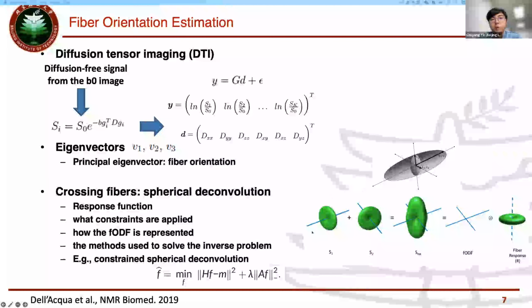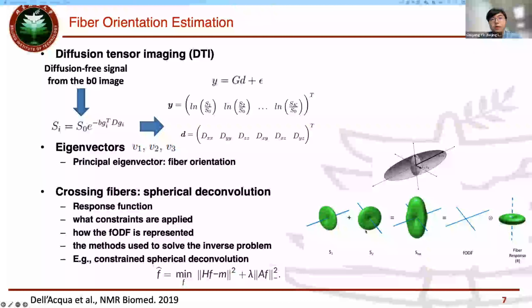Suppose in this one voxel, we can have 2 different fiber orientations represented by these 2 blue sticks. The green surfaces represent the diffusion signals associated with these 2 directions. Along this direction, the diffusion signal is lowest because it is mostly attenuated. And orthogonal to this direction, we have larger signals.